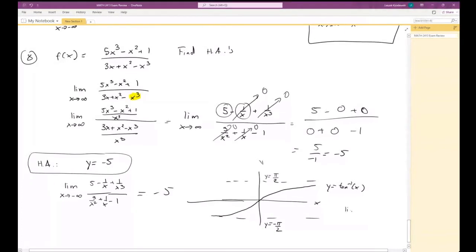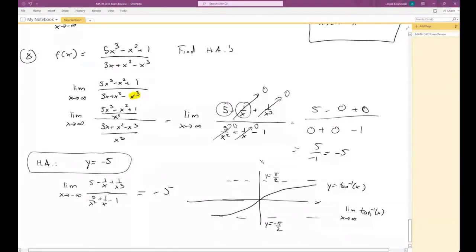So you want to know those. Of course, there are other things you want to know, like the limiting behavior of an exponential function.